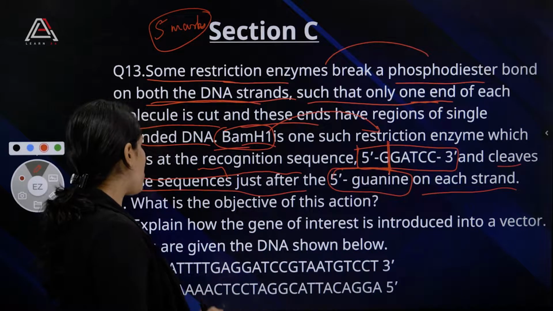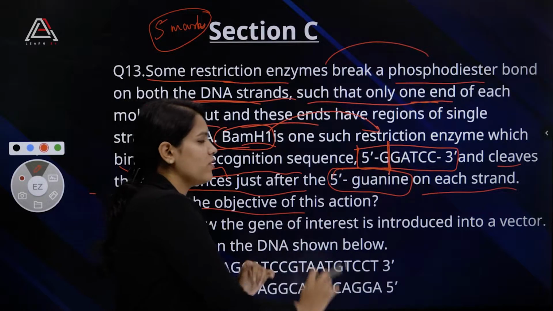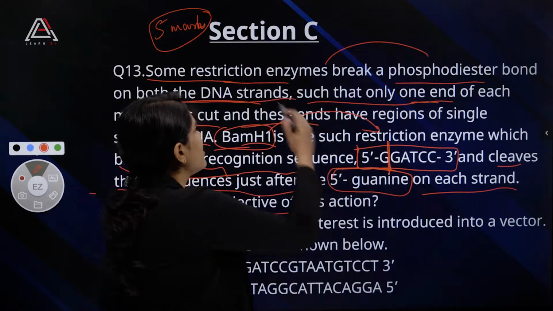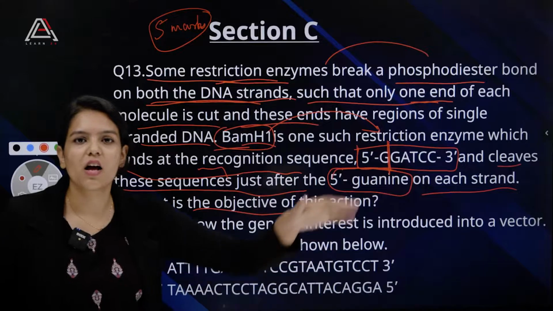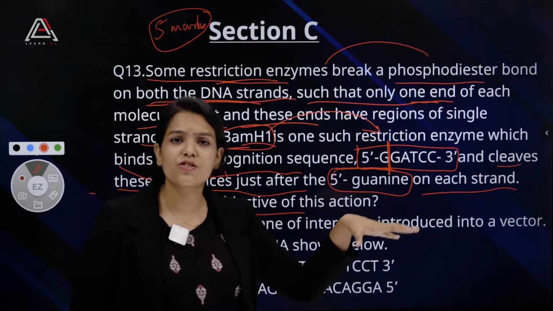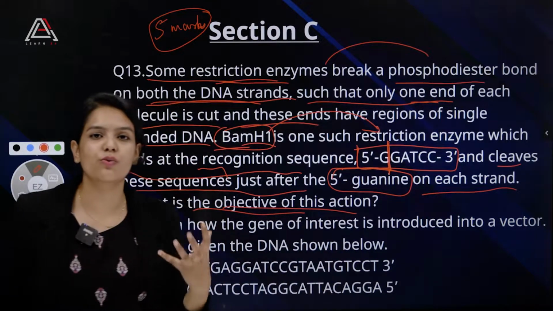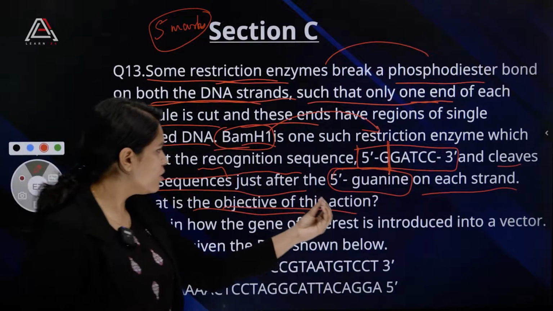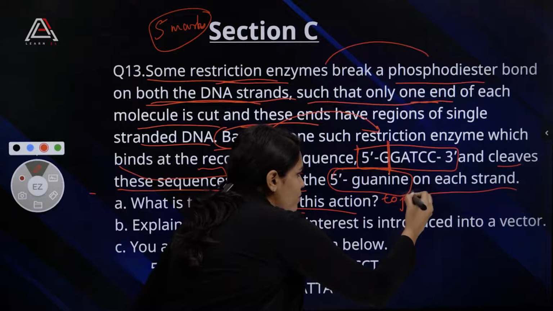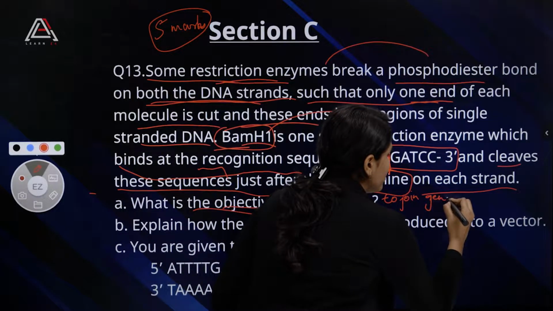Okay, fine, got it. Now the question being asked is, what is the objective of this action? For what purpose is the restriction enzyme used? This particular DNA strand has been cut, for what objective? Why are we using this? We are using this to join the gene of interest.